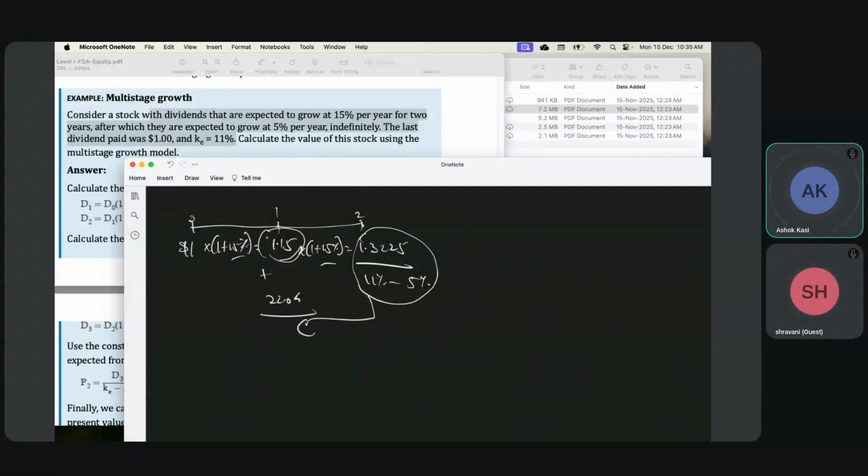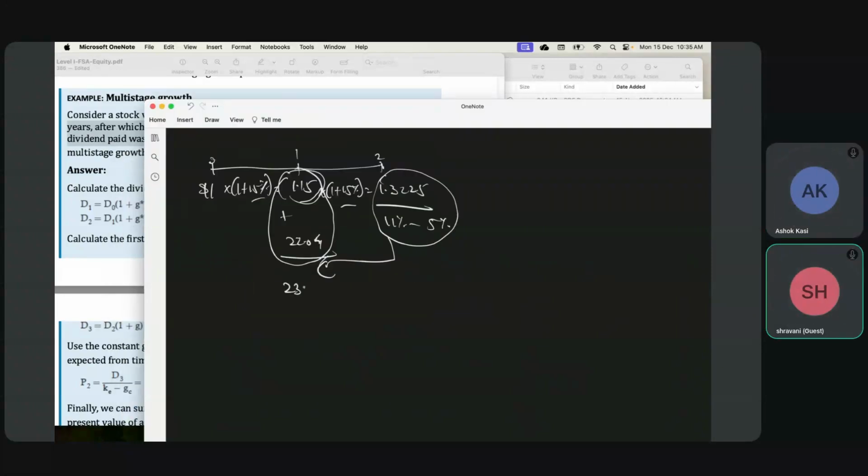So now you can add these two amounts. 23.19, divided by 1 plus the discount rate, discounting for 1 year.